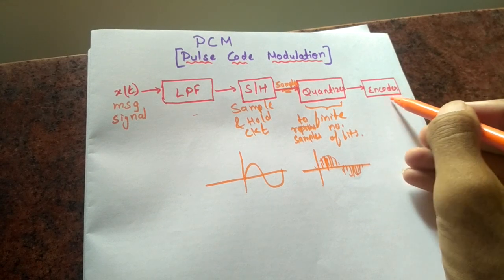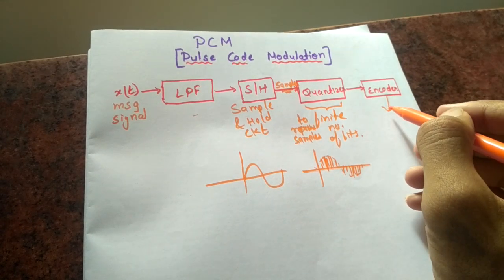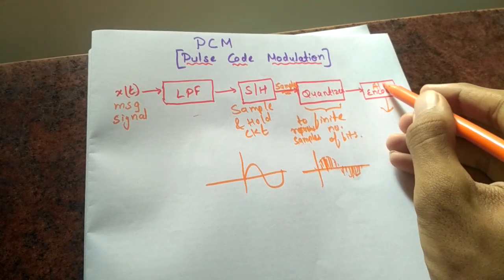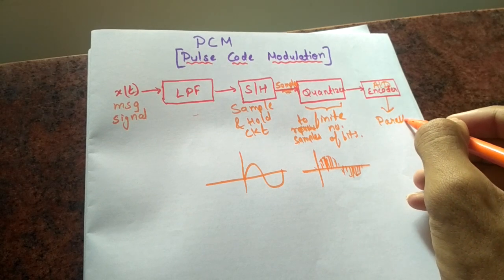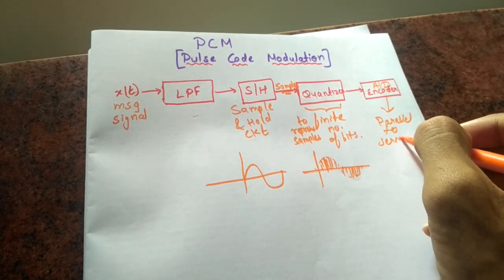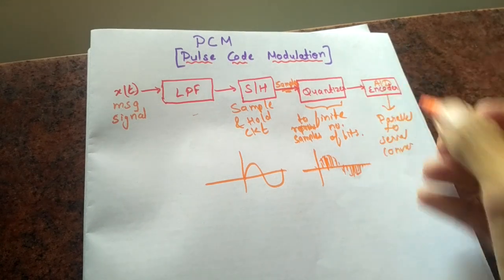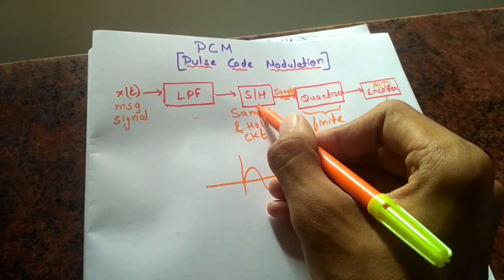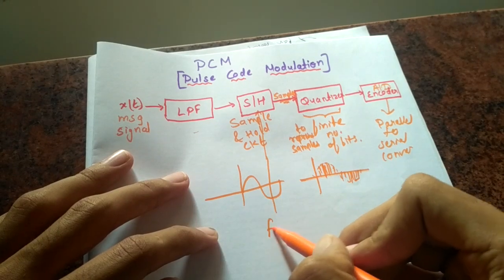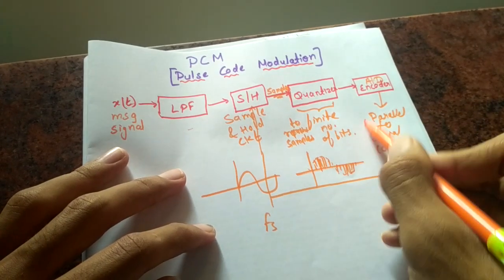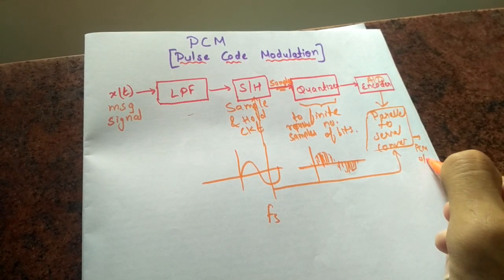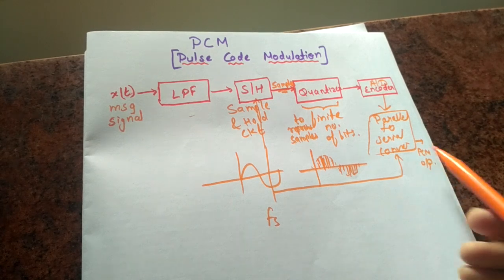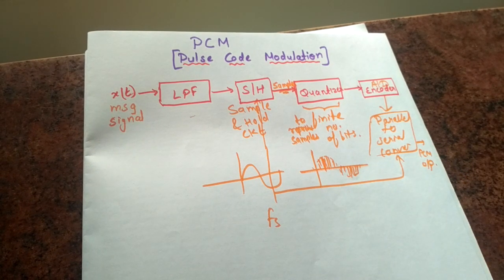After the encoder there is one more block: since the digital data is parallel, we need a parallel to serial converter. This parallel to serial converter and the sample and hold circuit both work at the same clock, in synchronization. After that we get our PCM output. The x(t) is now pulse code modulated. This is the transmitter block diagram of pulse code modulation.